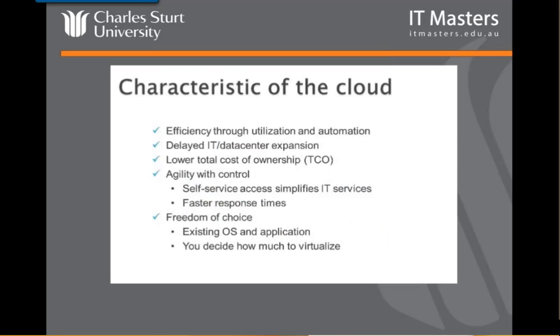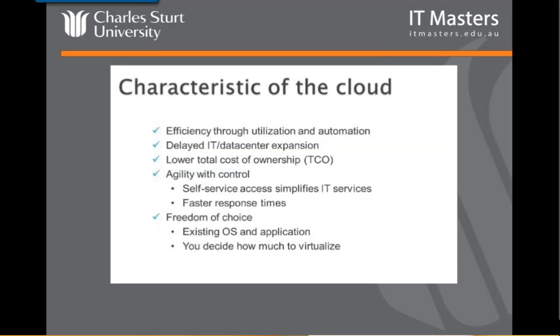Then we spoke about the characteristics during the last 4 weeks. We said cloud is giving efficiency through utilization and automation. We talked about how delayed IT data center expansion can happen. We talked about Microsoft version of this and VMware version of this.